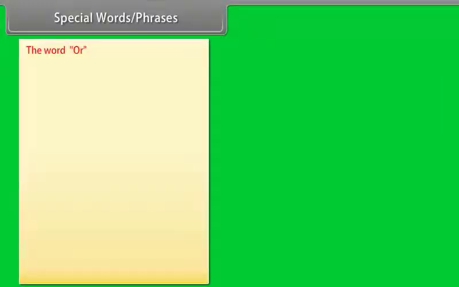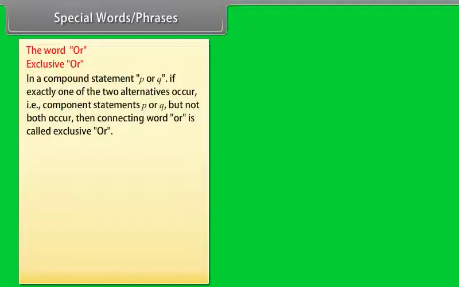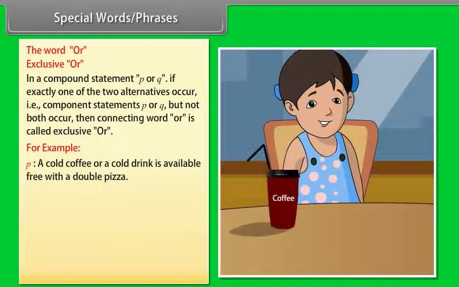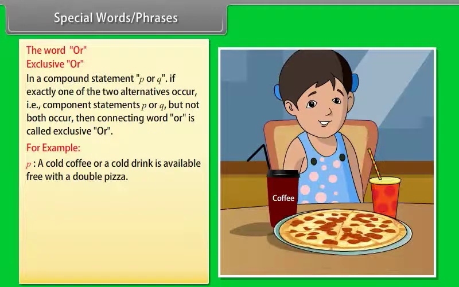The word "or". Exclusive or. In a compound statement "P or Q", if exactly one of the two alternatives occurs, that is, component statements P or Q, but not both occur, then the connecting word "or" is called exclusive or. For example, P is a statement that a cold coffee or a cold drink is available free with a double pizza.